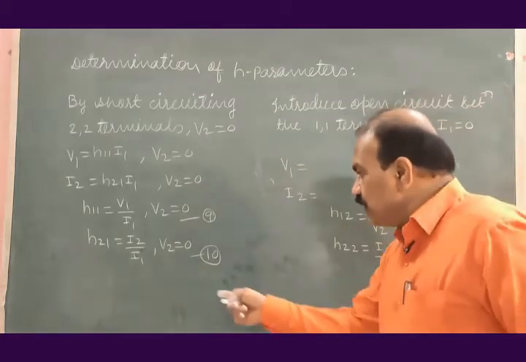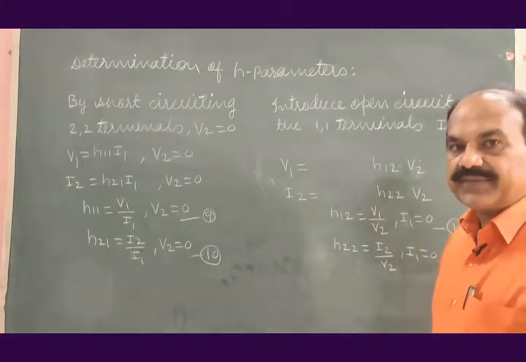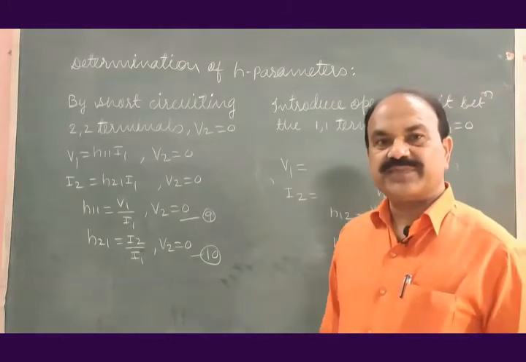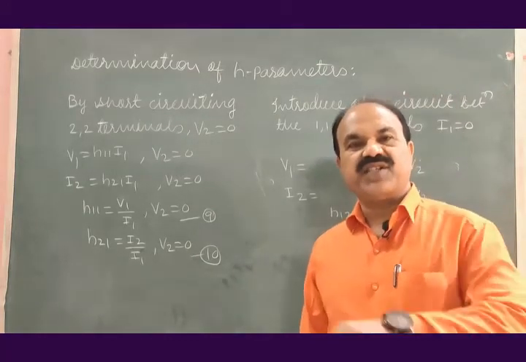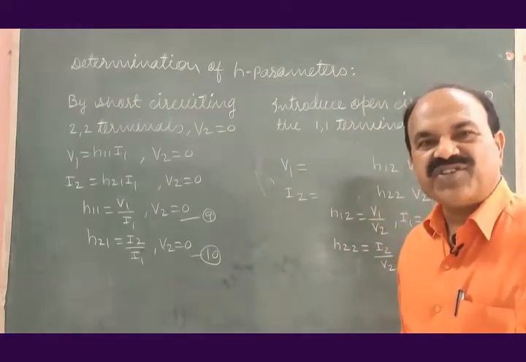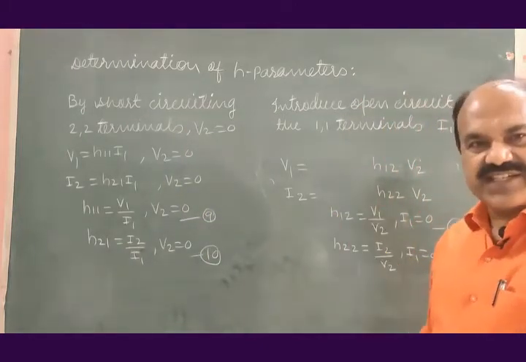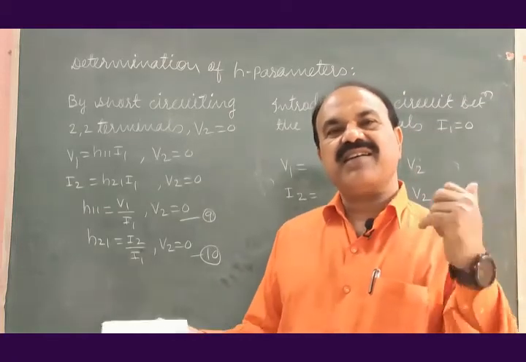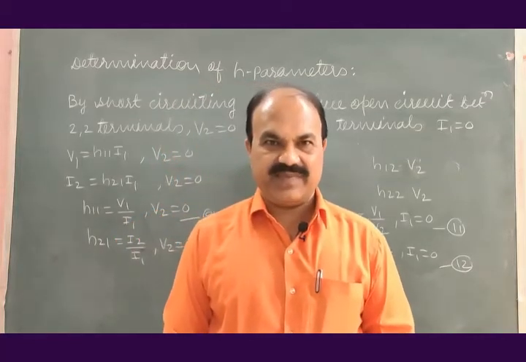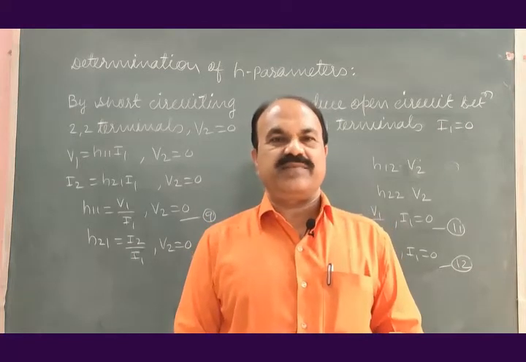As we talk of these four parameters, we find that the dimensions of these four parameters are different. One has dimensions of impedance, one has dimensions of admittance. The remaining two are dimensionless. One is forward current gain, the other is reverse voltage gain. The units of measurement of these parameters are entirely different from each other.